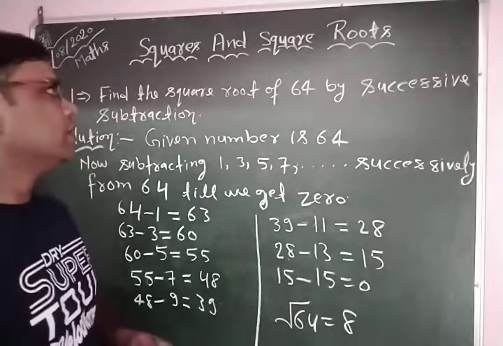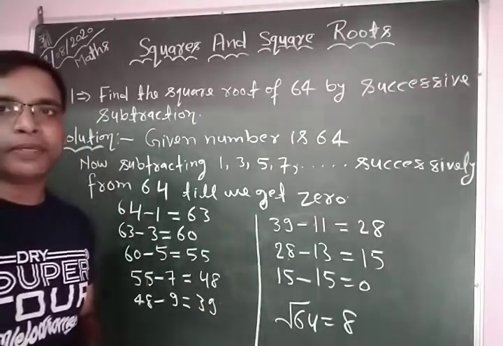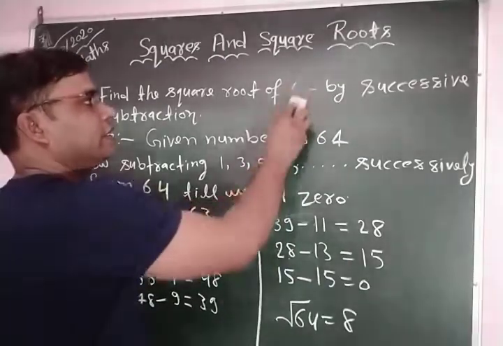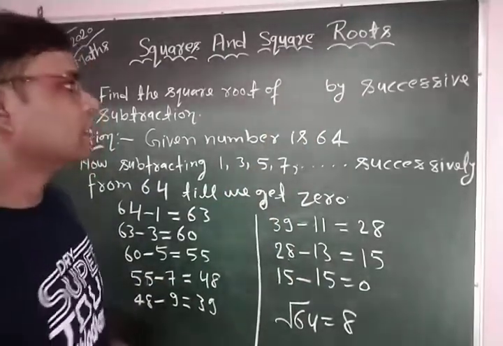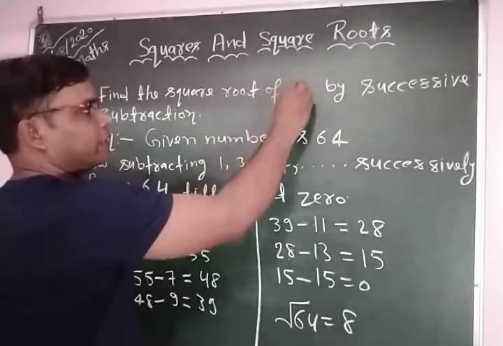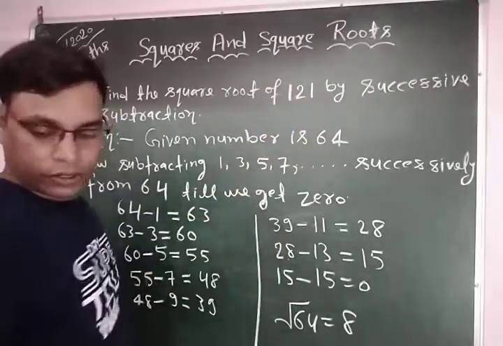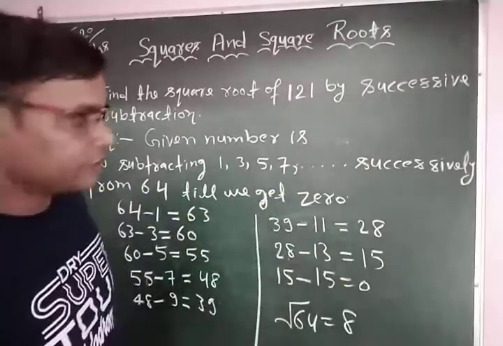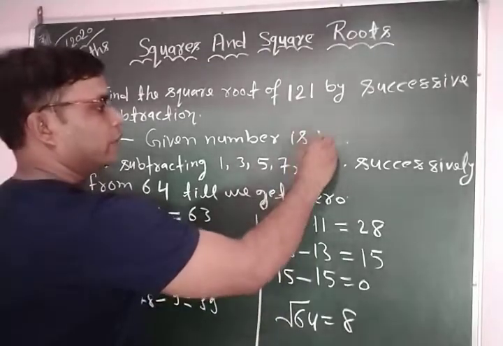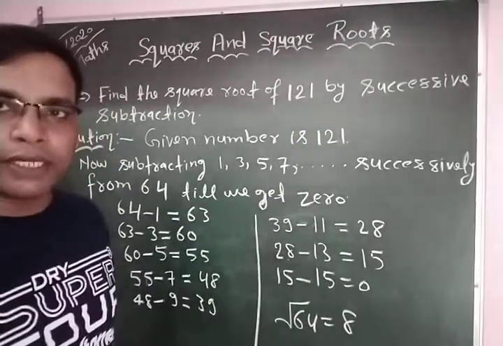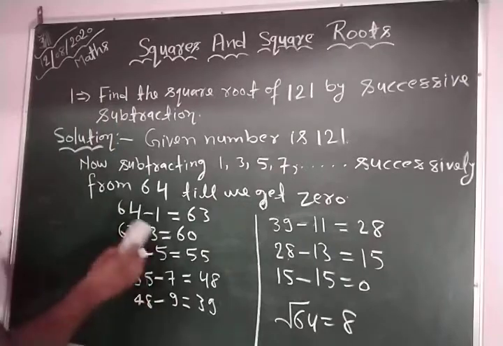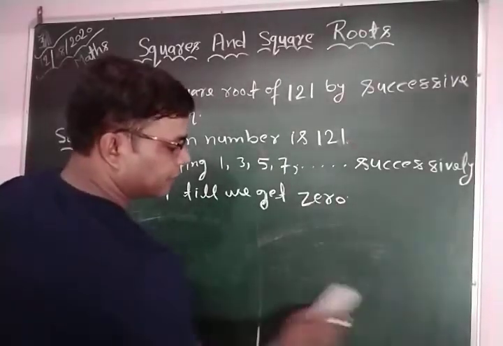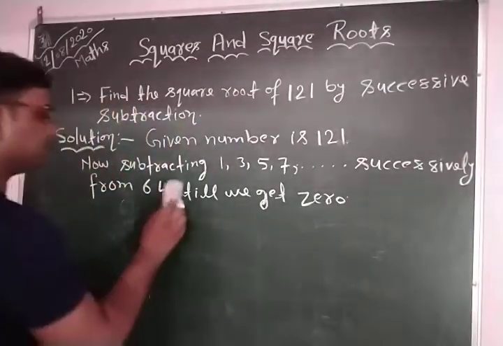We find the square root by repeated subtraction, only here we change the number. Suppose the given number is 121. We need to find the square root of 121 by the repeated subtraction method.